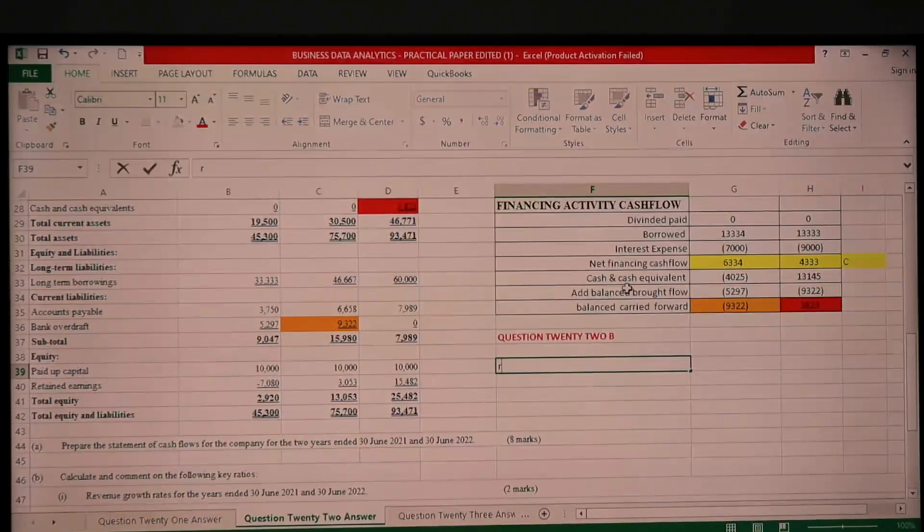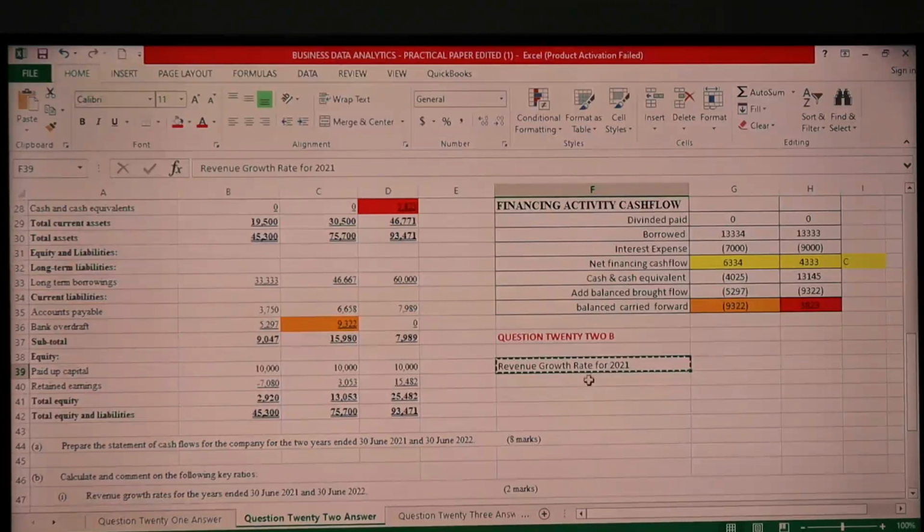The first thing you're supposed to compute is revenue growth. They are asking for revenue growth rate for 2021. We also compute the revenue growth rate for 2022.